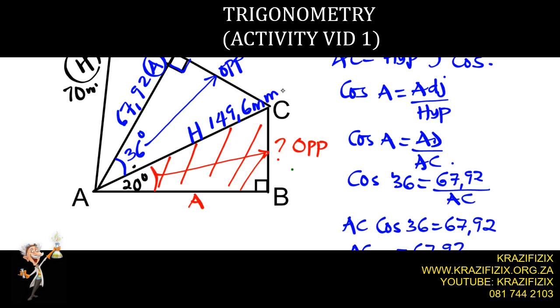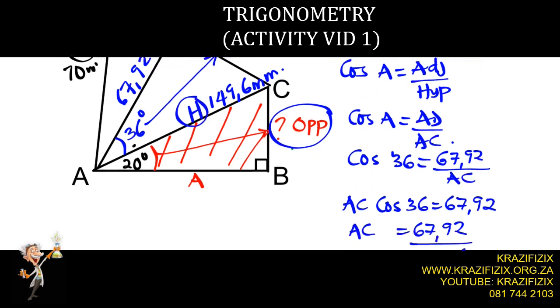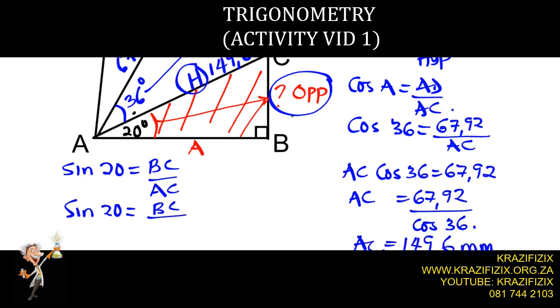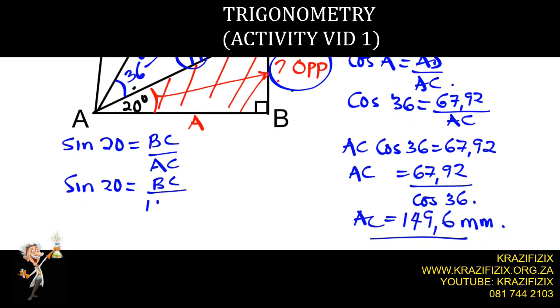Remember we said this is opposite and this is hypotenuse, so sine. So can I then say sine 20, we already had this formula, BC over what? AC. Sine 20 equals BC over AC, and what is our AC? 149.6. So what is BC? 149.6 sine 20.